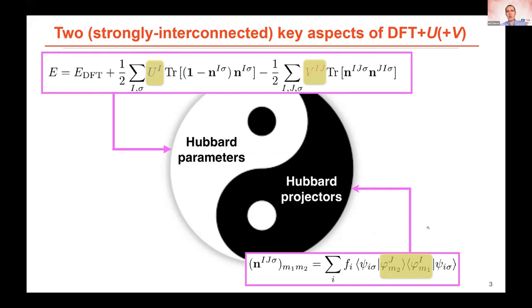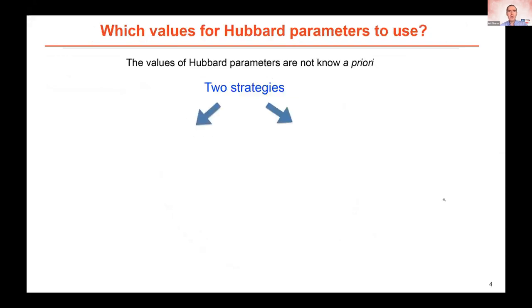So let's first talk about Hubbard parameters and how to determine them. The values of Hubbard parameters are not known a priori. The theory doesn't tell us what the values are. And there are two famous strategies to determine them.